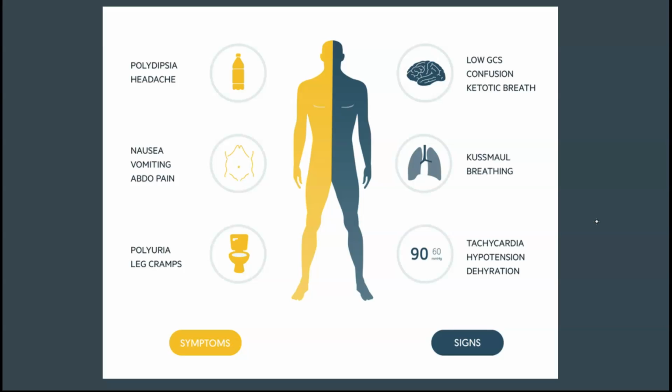Because high levels of blood sugar also make the blood very, very thick. Kussmaul's breathing is a very common sign, as is confusion and that acetone breath, right? Some people say it smells like nail polish remover. Some people just say it's a very odd smell.